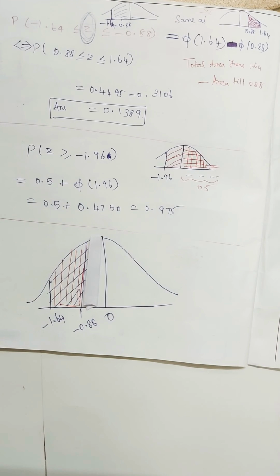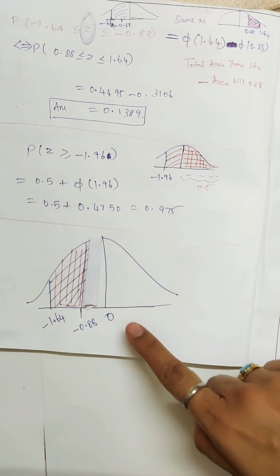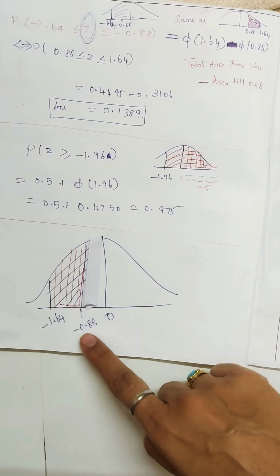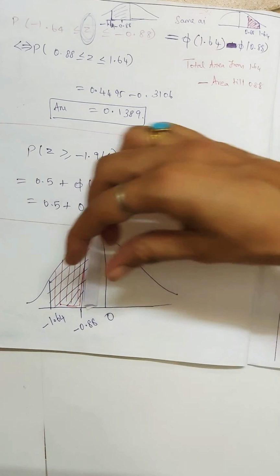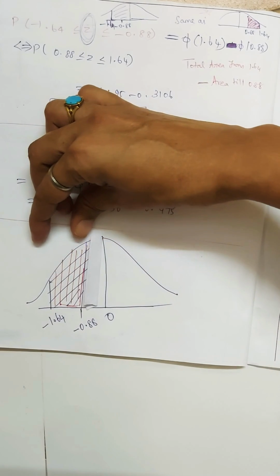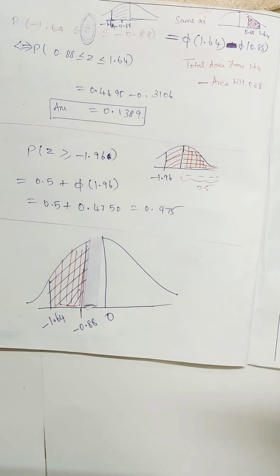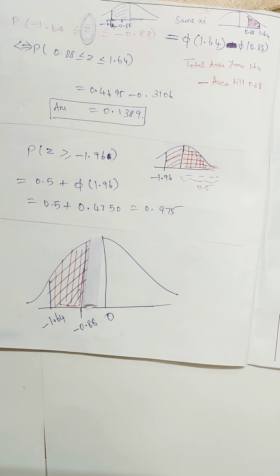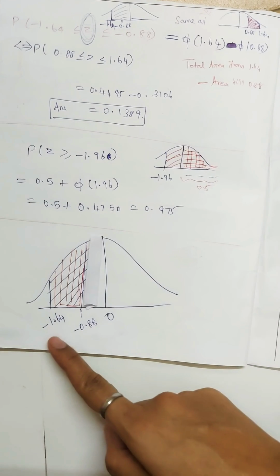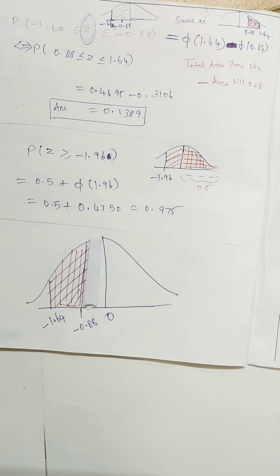Yes, now if you see, same graph I've drawn here, 0 to minus 0.88, and then this is minus 1.64. You have to find the area from minus 0.88 to minus 1.64. There is a small strip. This strip shouldn't be shaded because this is 0 to minus 0.88. I want the area from minus 0.88 to minus 1.64.